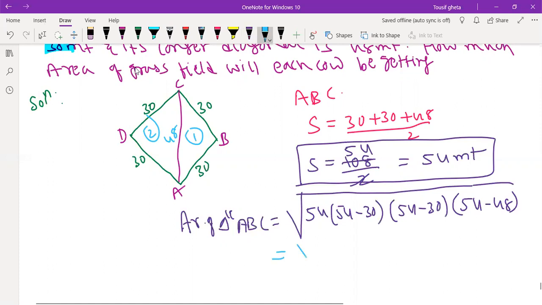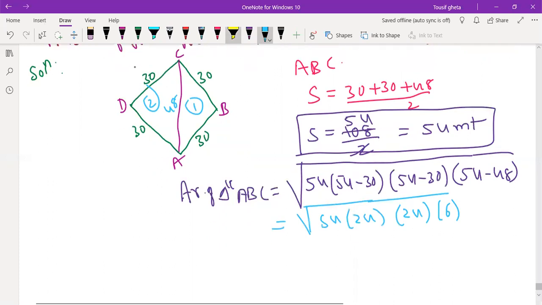So area of triangle ABC is root of 54 into 24 into 24 into 6. And now you already have two perfect squares. Both 24s are available with you. So you can write 24 square will come compulsorily.